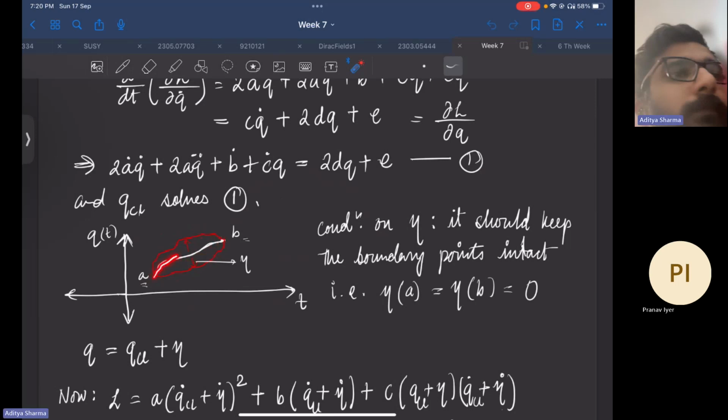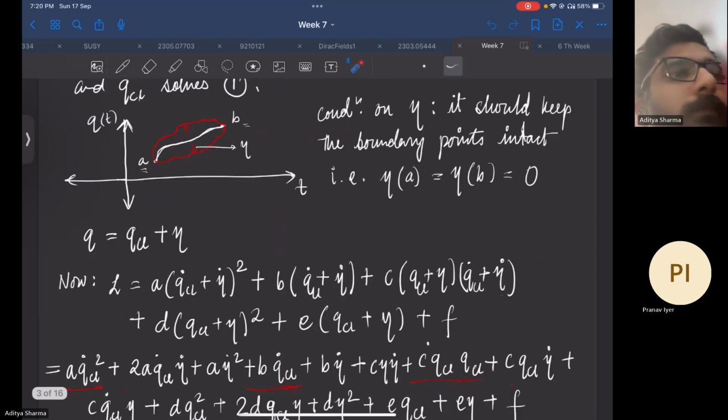So I'm starting from the classical path and I'm considering its fluctuation and I'll sum over it. But I'll put the condition on this function eta that it should vanish at the endpoints. So eta of A and eta of B should be 0.